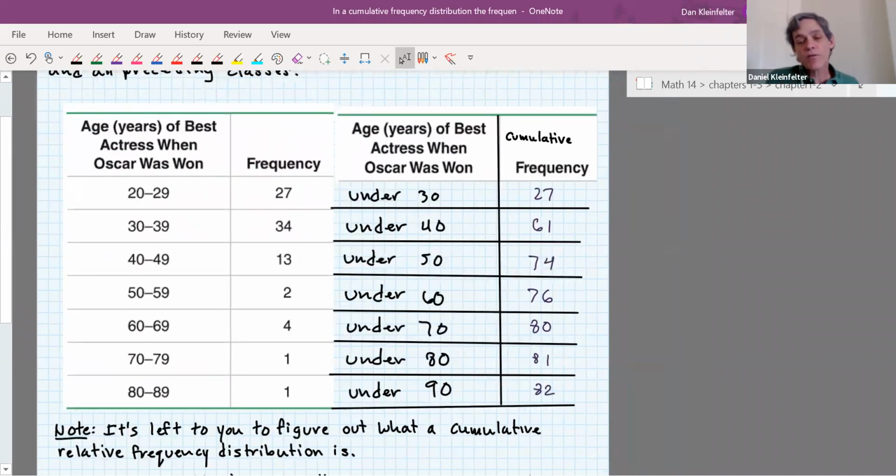So cumulative frequency is basically a running total through all of the classes. This makes it easier to answer questions like how many of the Best Actress Oscar winners were under 50? 74 of the 82 were under 50. So that's what a cumulative frequency distribution is.